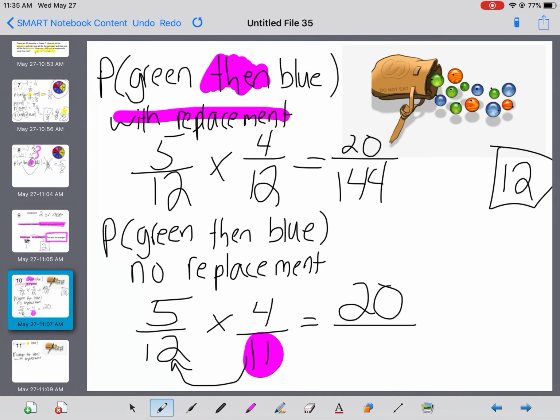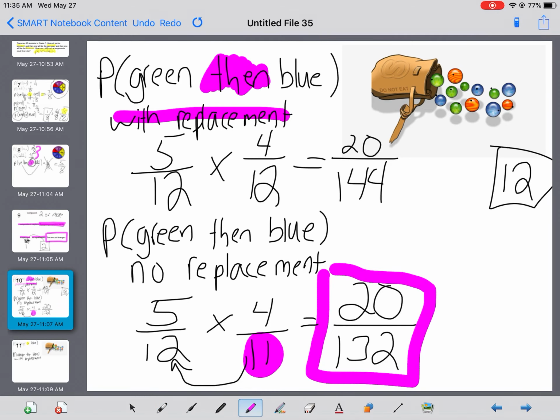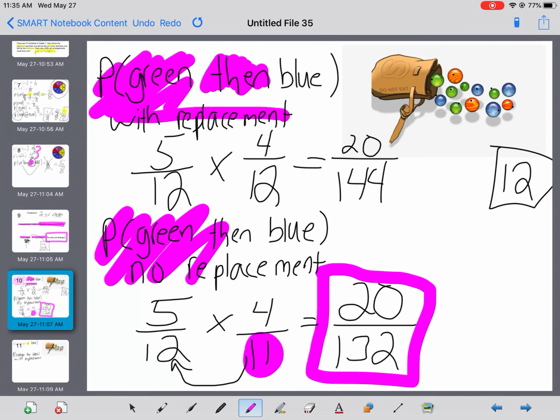So I still get 20 on top, but now I get 12 times 11, which is 132. So you'll notice I have a better chance of pulling a green and then a blue with no replacement. These are both compound events. The first one is independent and the second one is dependent.